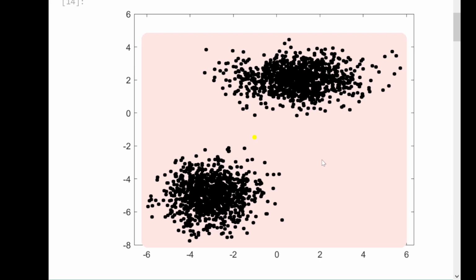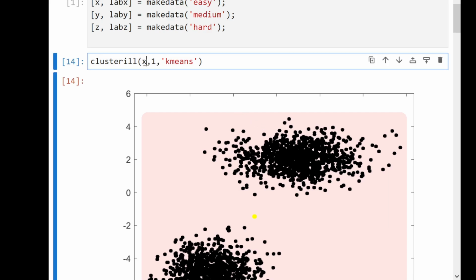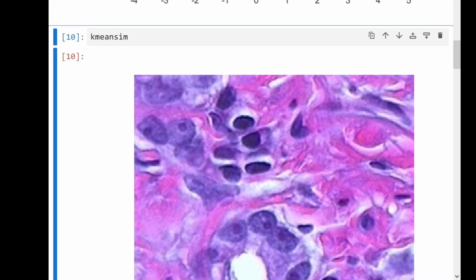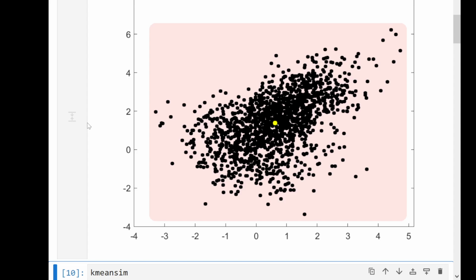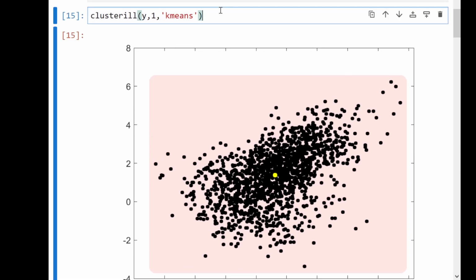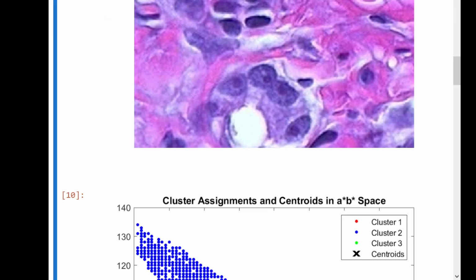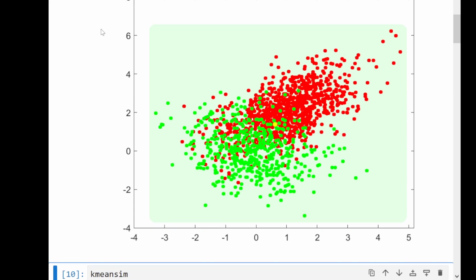Okay, and the difference between this problem and k-means is that, if I look at the medium case, actually, if I cheat and show you what the labels are, I can see that the way I generated these points, there is a mixture in the middle, near the origin, where I could have generated a point that came from the red distribution in that position, or I could have generated a point that came from the green distribution, and it's impossible to disentangle them because they overlap, right?